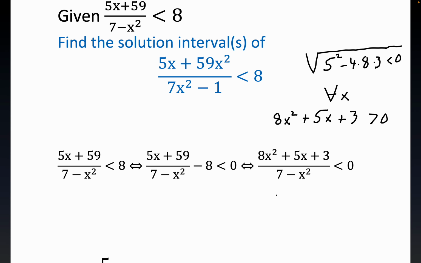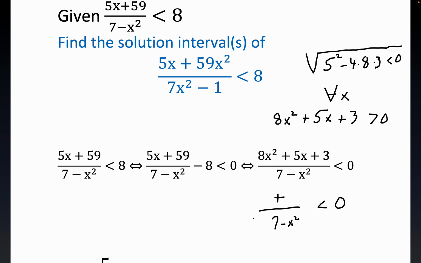Just check out what happens here. We're actually just looking at, again, we'll replace this entire numerator with a plus. That means a positive real number. All right. And then we're analyzing 7 minus x squared is less than 0. Well, if the numerator is always positive, that means the denominator has to be negative, right?